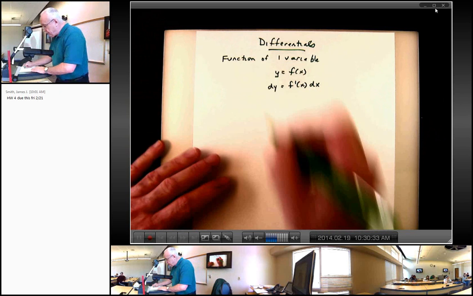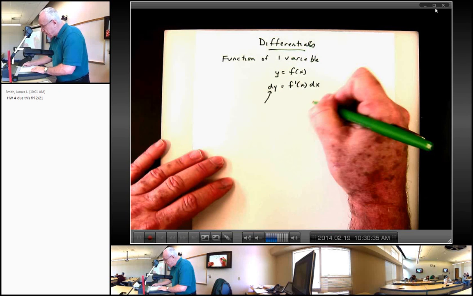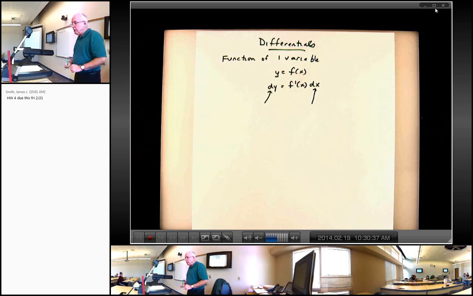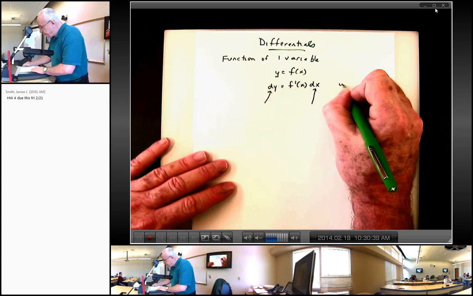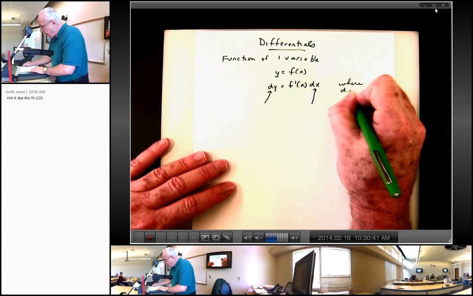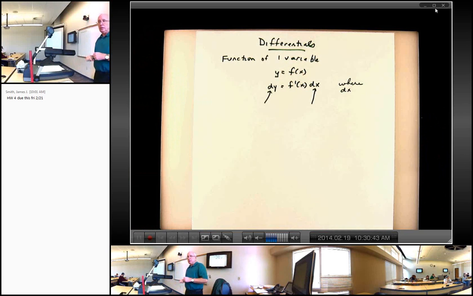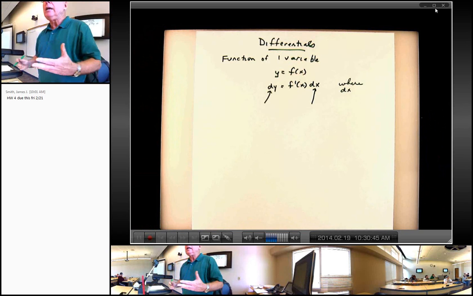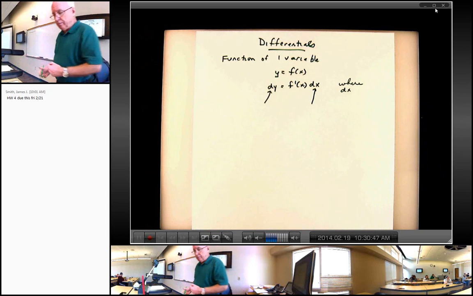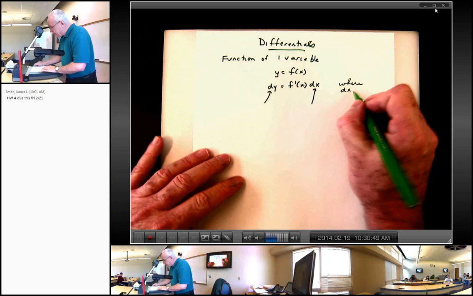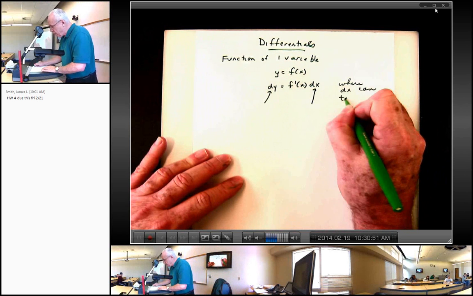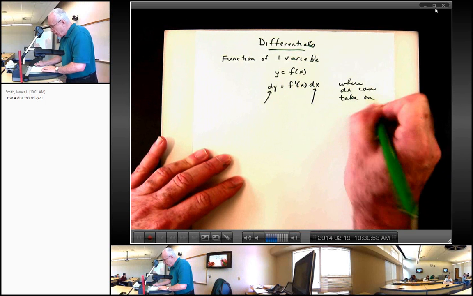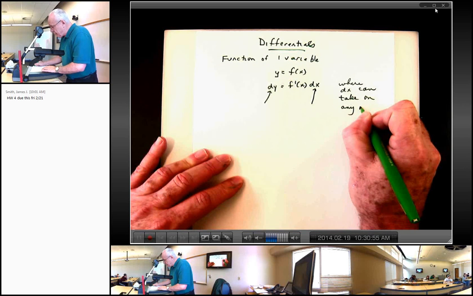And these are differentials right here, this and this right here, okay? Now, dx can actually have, in theory, any number value, where dx can take on any number value.